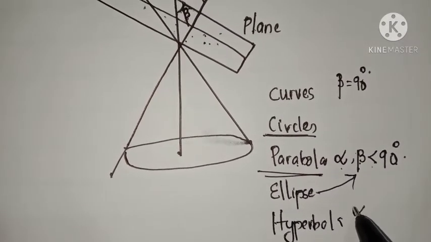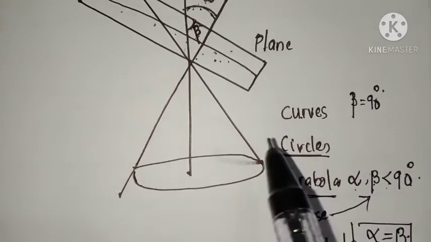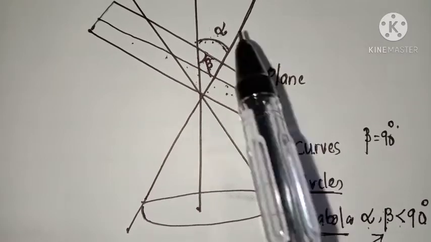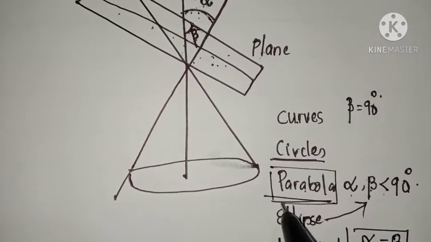Then if these two angles alpha and beta are equal, then the curve formed by the plane and the right circular cone is a parabola.